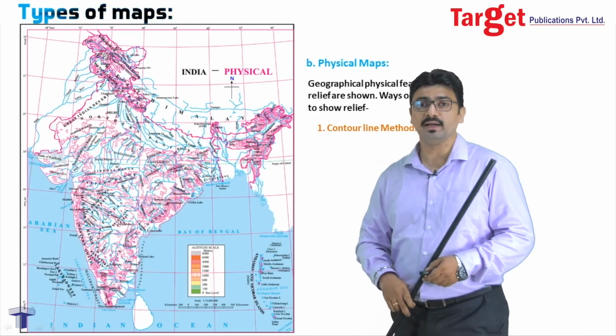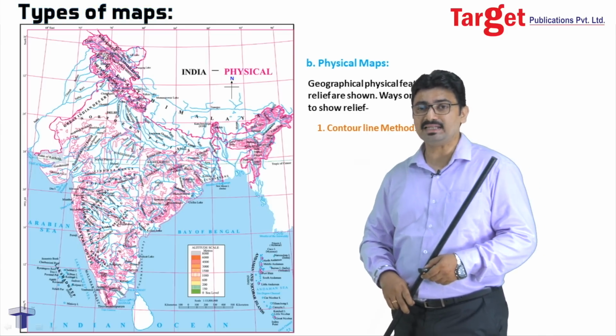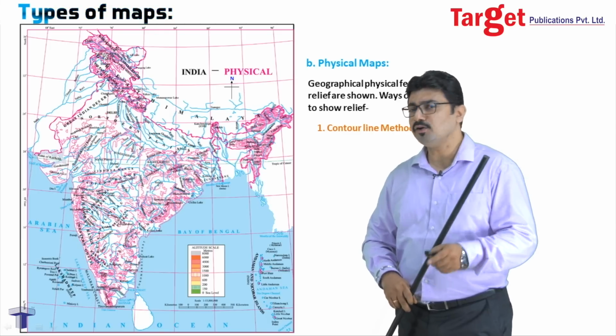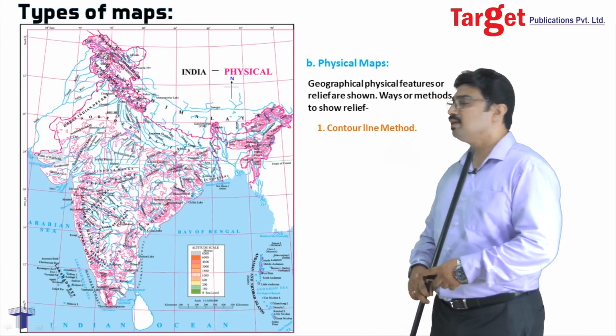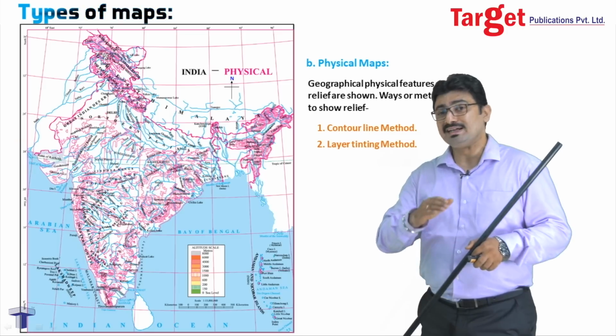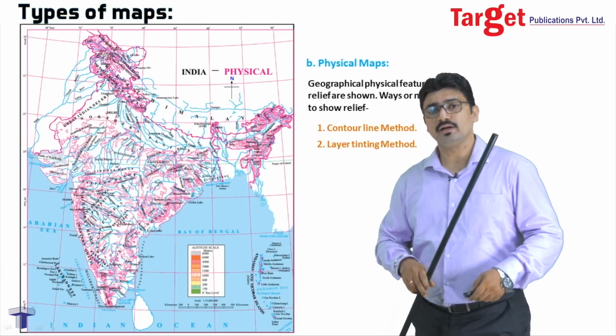The first method that we use to show slope or relief in a physical map is the contour line method. Now, the contour line method is already studied by you in earlier standards, right? The contour line method is essentially used to show the slope of a mountain, whether it's steep or gentle, we understand with the contour line method.